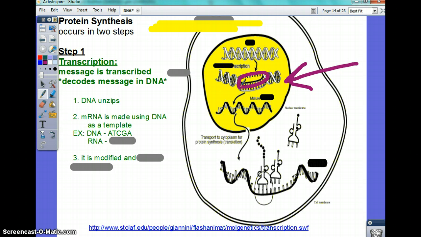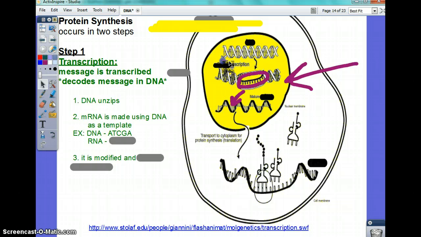Only one side of the DNA strand is being used to make what? RNA. And this is what you end up with. So you have DNA, the original strand, it unzips right here, then it makes RNA, and later on it's going to be used as the message for protein production.